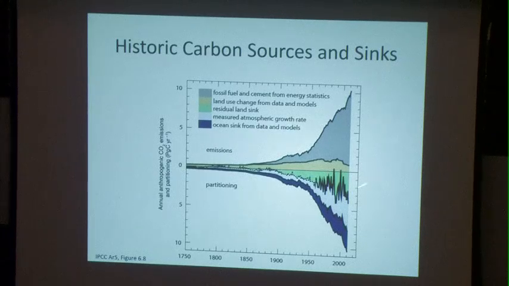But one of the things that's quite interesting to me about this is that when I started, let's say in the mid-'80s, the land use estimates were higher than they are at the end of the record. You see that this curve has gone down a little bit. And if you look at this residual sink at that time, it was almost the same magnitude in the opposite direction as the land use. So even though you can say that the land had to be soaking up carbon, on net it was kind of zero.